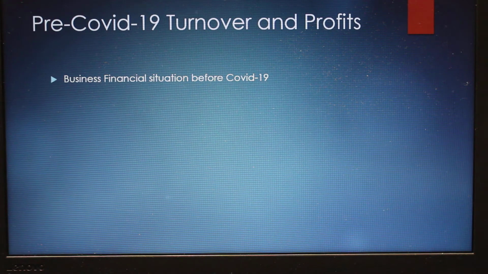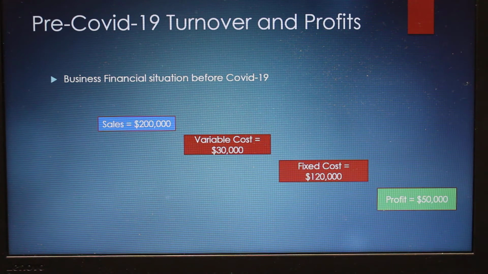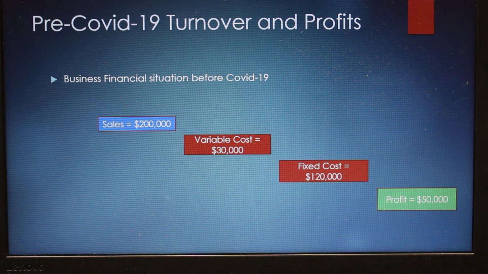Let's first of all start with the turnover and the profits on businesses in the current situation. Now let's go through some basics. The core things we're going to look at here is sales, variable costs, fixed costs, and profit. Sales or turnover looks at the business selling goods.